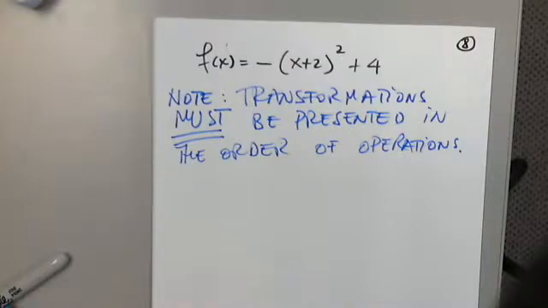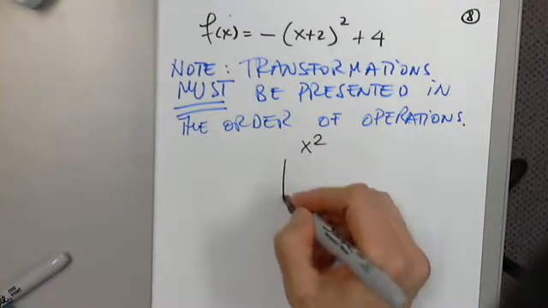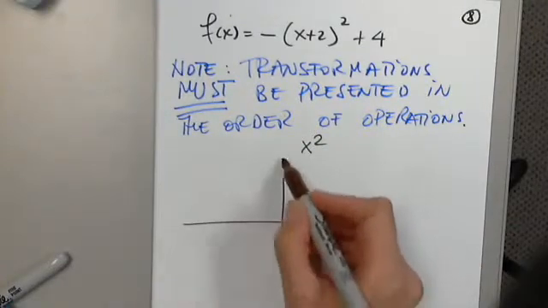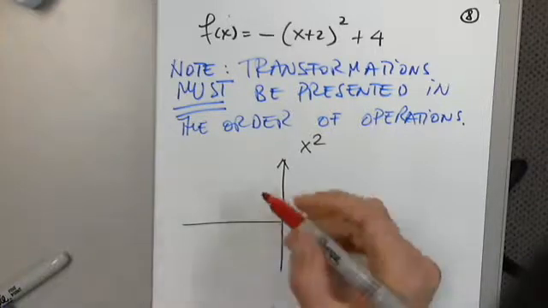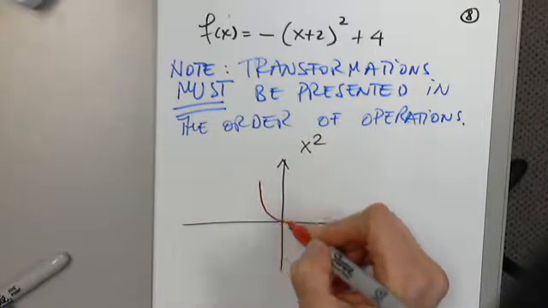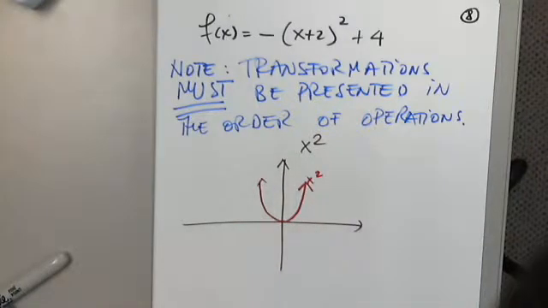Okay. Now I'm ready, and I will have to ask you which function did we use to create this one. Yes, that is the base function. I will graph the base function, which is x squared. So here it is. It turns quickly. So this is x squared.